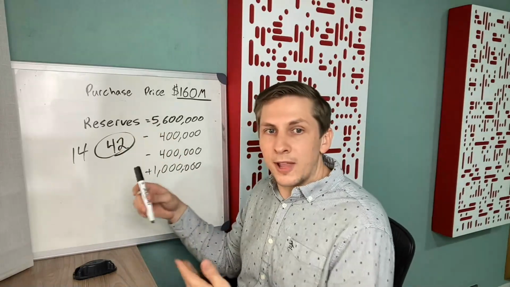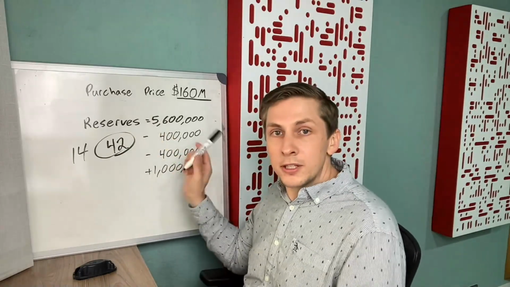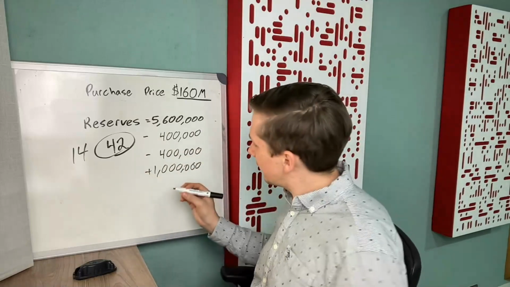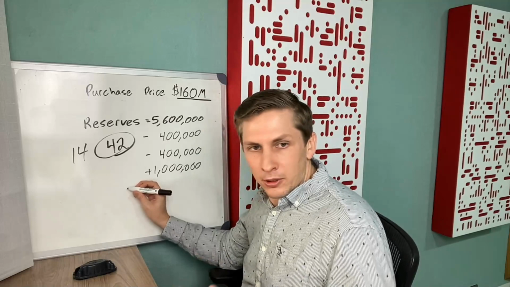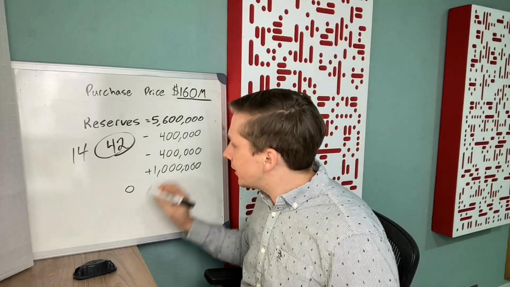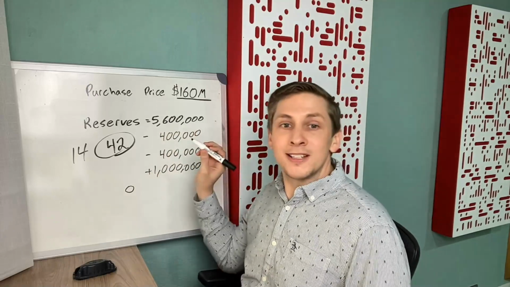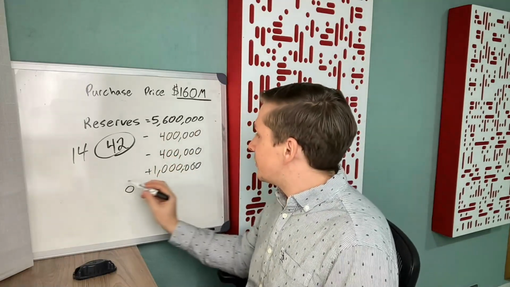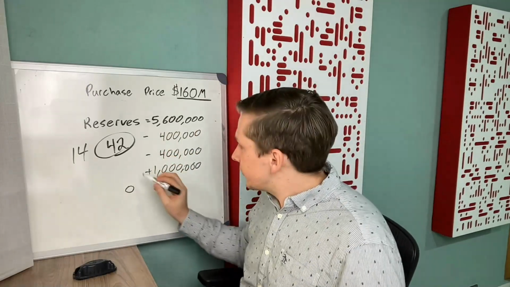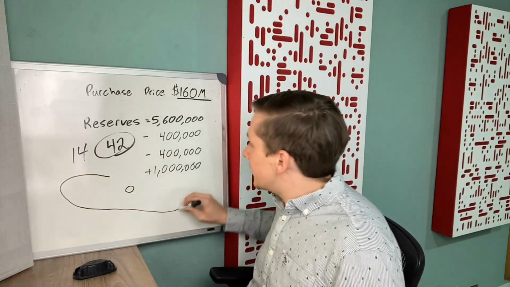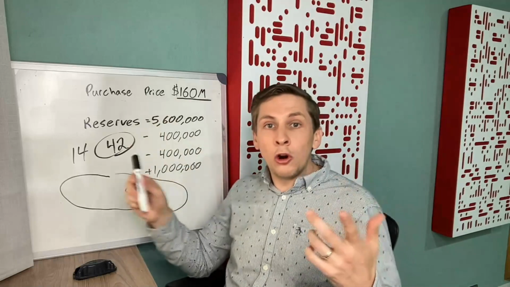And Sandstorm's land package around this mine is enormous. I think they have something like 40,000 hectares. So, for example, here's the little deposit that they're mining for Greenstone, these 5,600,000 ounces of reserves. However, Sandstorm's land package compared to this little thing looks like this. It's enormous.